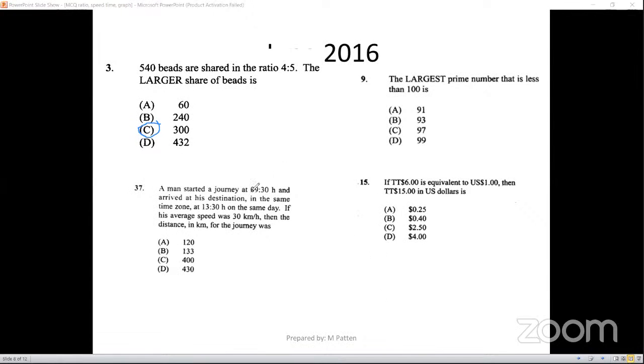The answer is A. From 9:30 to 13:30 is how many hours? 4 hours. If speed equals distance over time, distance is going to be speed times time. It's going to be 4 times 30, and that is 120.